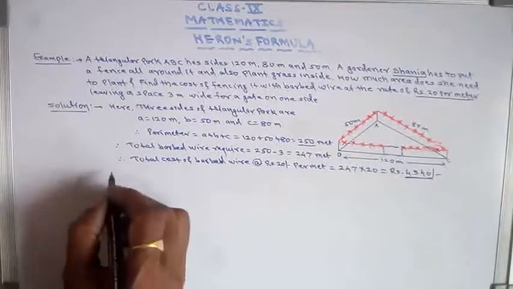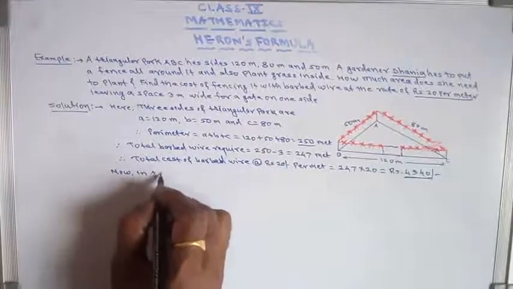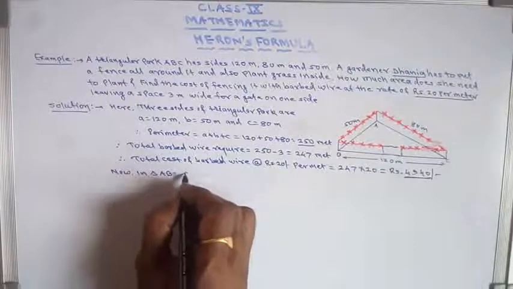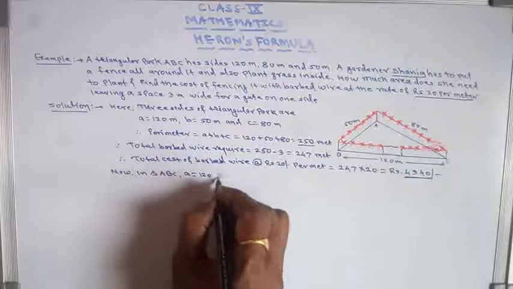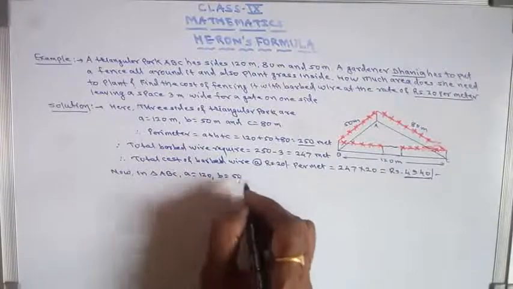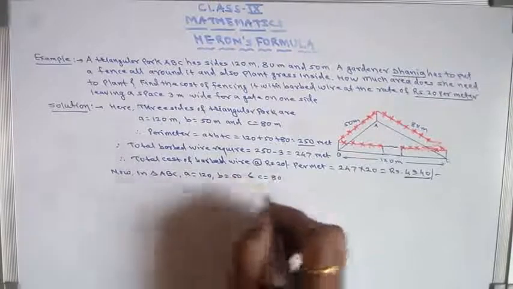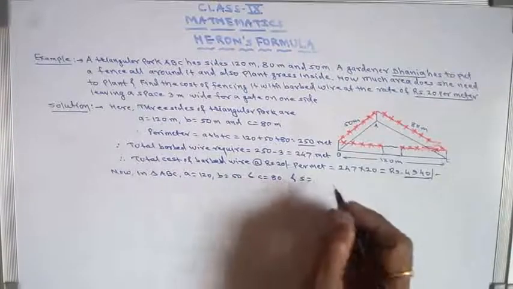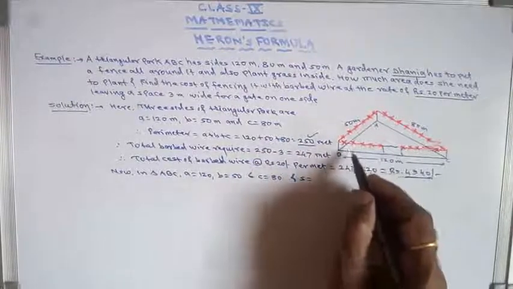Now in triangle ABC, I have taken A is equal to 120 meter, B equals to 50 meter and C equals to 80. Okay, and what is S? Perimeter is 250. I have to find the area.